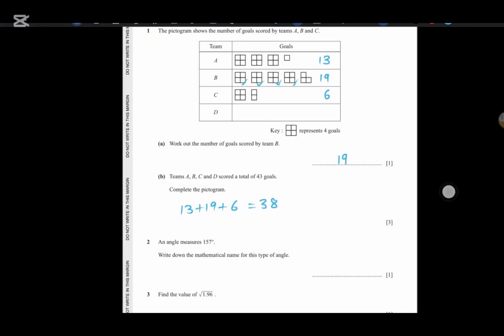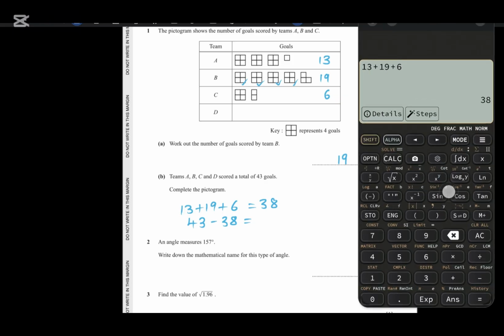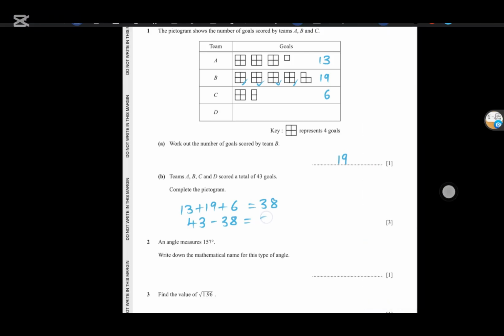So 43 minus 38 is equal to 5 goals. So team D has scored 5 goals.